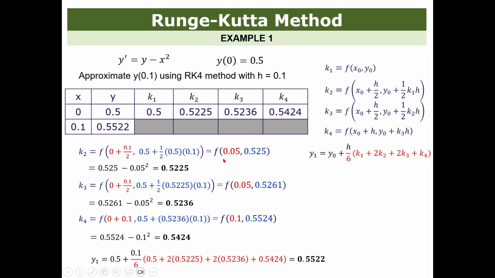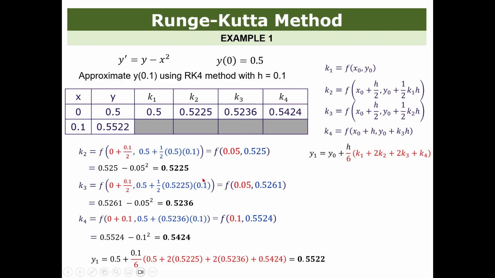So we have to find the value of the function at x equal to 0.05 and y equal to 0.525. Substitute the values of x and y into the ODE to find the value of K2, which you will get 0.5225. And then similarly do the same for K3 and K4.